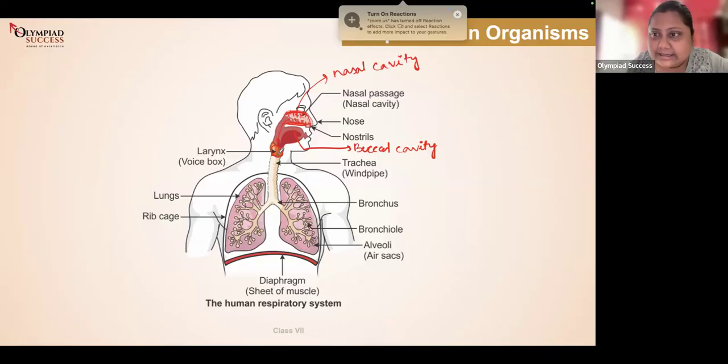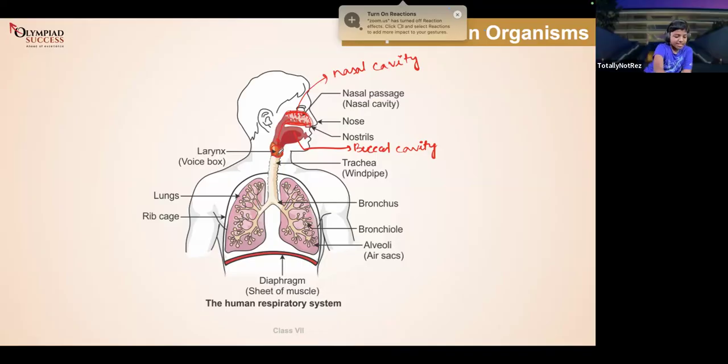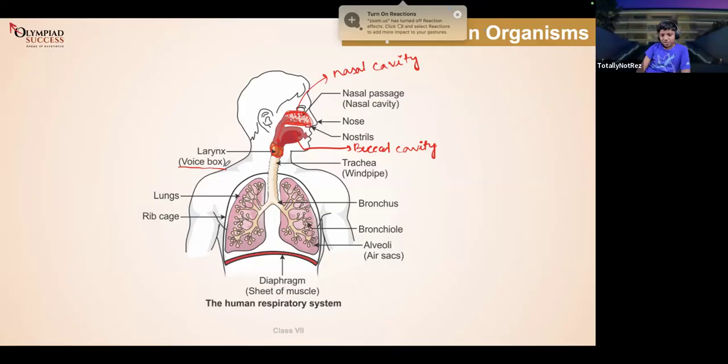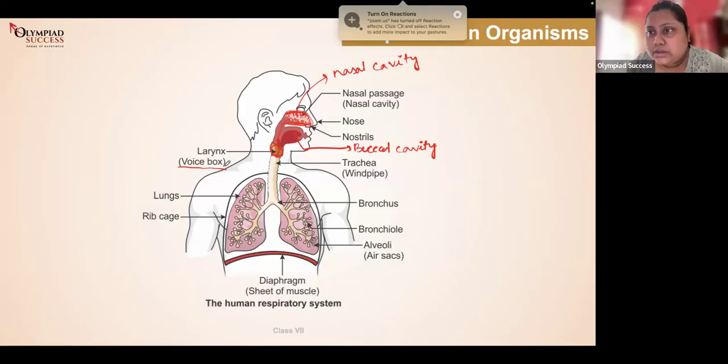Now, larynx is the voice box. Why is it called the voice box? Because of the voice that you're producing. I'll tell you the mechanism later. Followed by the larynx is your windpipe, which is called the trachea.